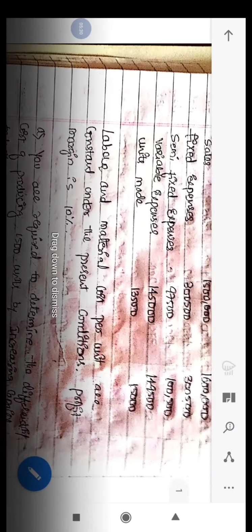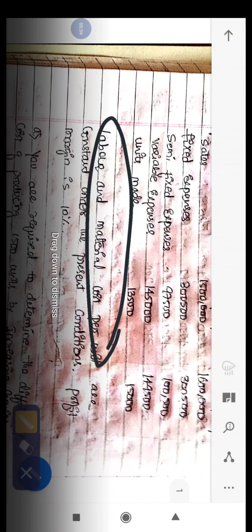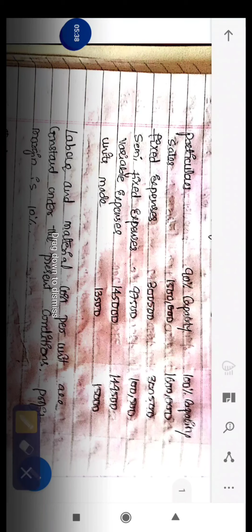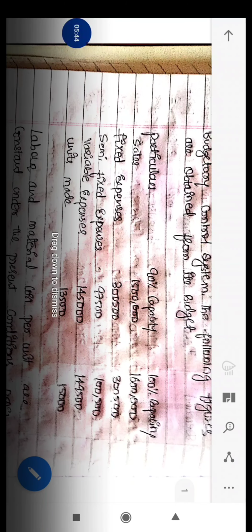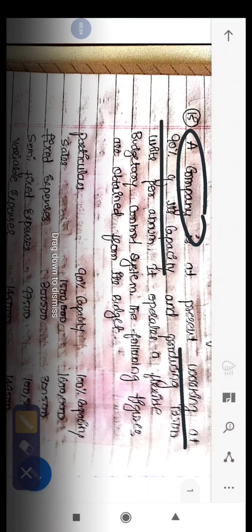I told you, first of all we have to calculate the labor and material cost. They have given 90% capacity and 100% capacity, but we have to take only the 90% details, because the company is currently operating at 90%.